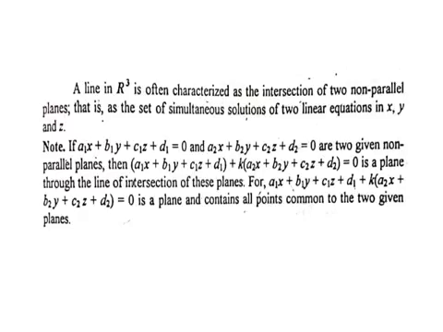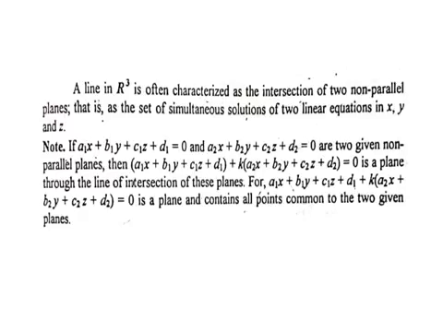Note that if the given two equations of the planes are non-parallel planes, then the sum of these two planes, a1x plus b1y plus c1z plus d1 plus k times a2x plus b2y plus c2z plus d2 equals 0, is again a plane through the line of intersection of these planes.